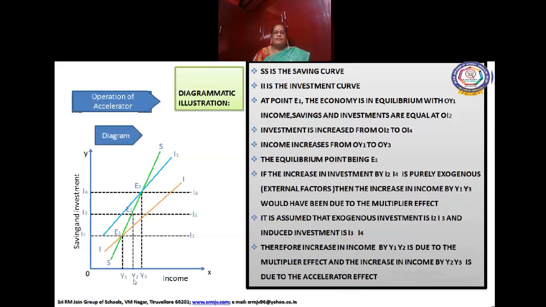While we are getting Y3, I2 is also increasing. The income from Y1 to Y2 increases because of the multiplier effect, and from Y2 to Y3 because of the accelerator effect. Clear?